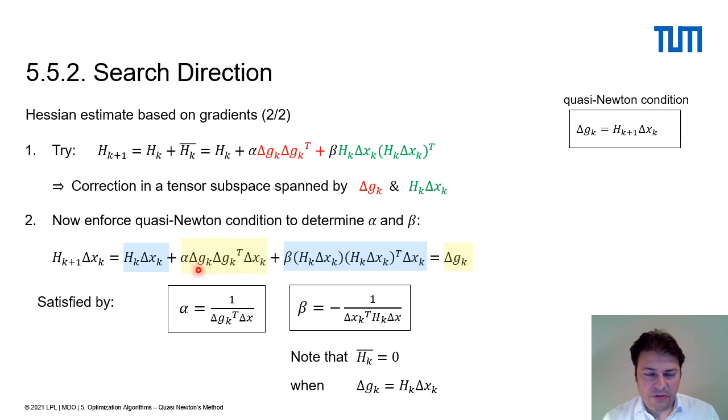So remember, this is a dyadic product and this is a dot product, or you can think of this as a matrix times vector, plus beta times this vector in the dyadic product with this vector, which is a matrix in a product with this vector, which will also evaluate as a vector.